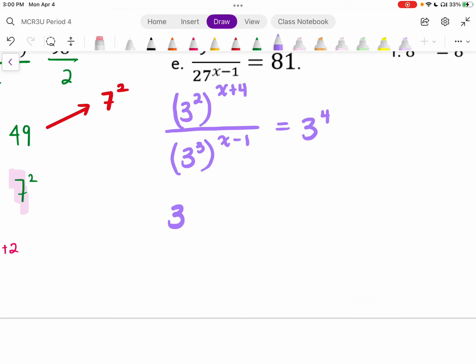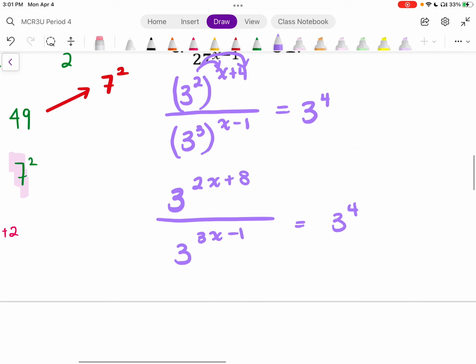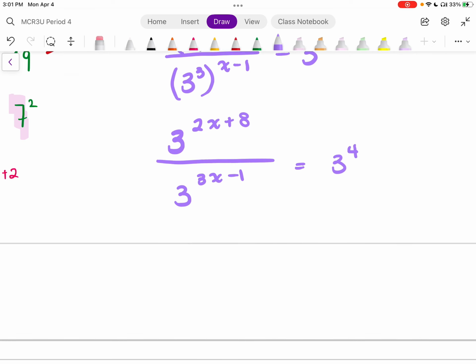So now I have 2x plus 8, I just distributed this 2 to the two numbers, divided by 3, again distribute the 3, 3x minus 1, equals 3 to the power of 4, right? And now, because I have a base 3 here, a base 3 here, and a base 3 here, I can actually just drop the bases and deal with just the exponents.